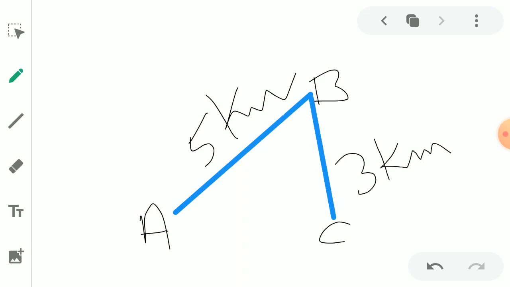So what is the total distance traveled by the person?